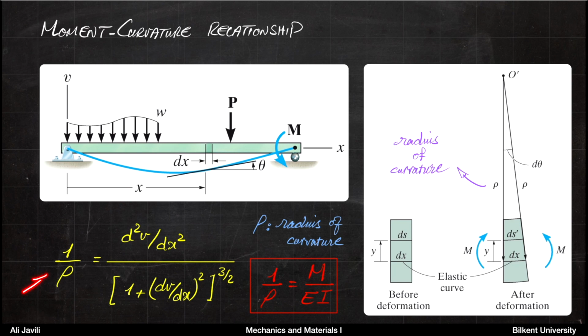So 1 over radius of curvature is the second derivative of v with respect to x divided by 1 plus first derivative squared, and then the whole thing to the power 3 over 2. Now, if you combine these two, you get this relation. So v double prime divided by 1 plus v prime squared to the power 3 over 2 is M over EI.